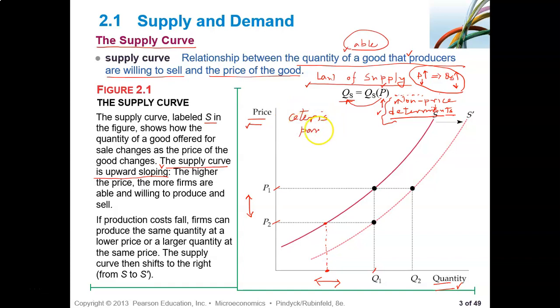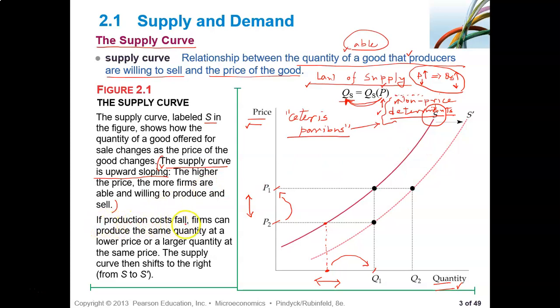Remember, this is a Latin phrase, and it means other things remaining unchanged, as we study the effect of price on quantity supplied. The higher the price, the more the farms are willing and able to supply. So if price increases from P2 to P1, supply will increase from here to Q1, along the same supply curve.